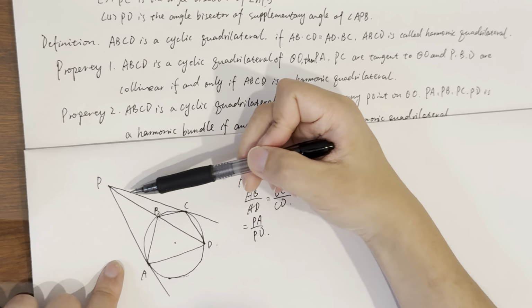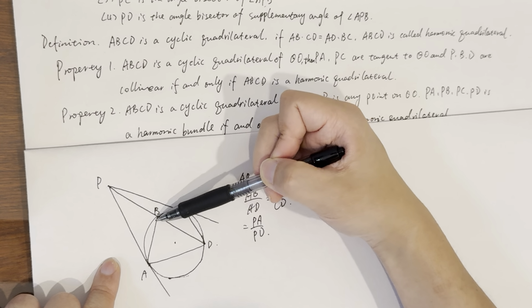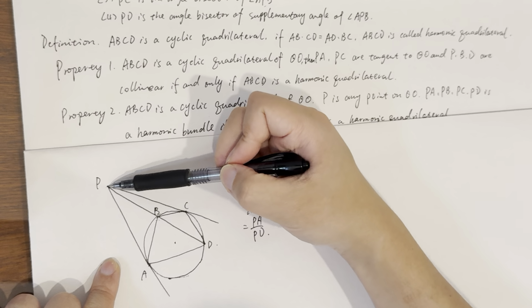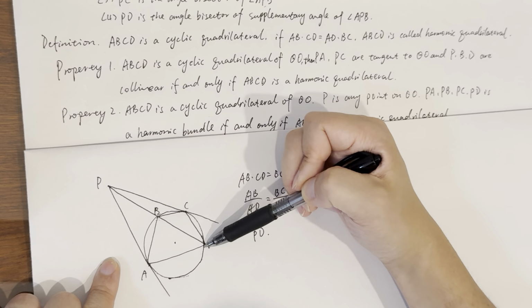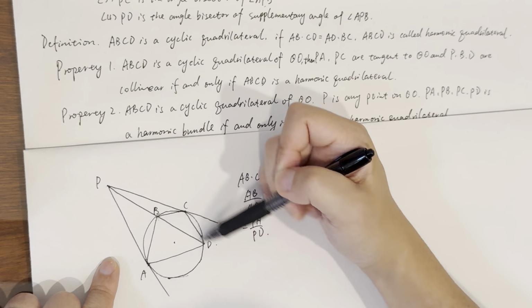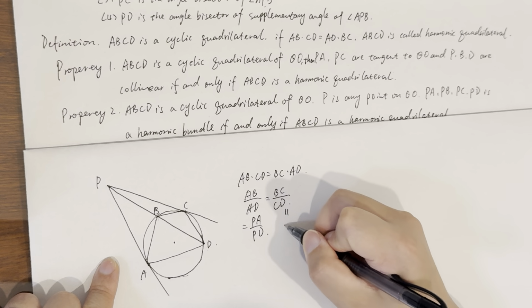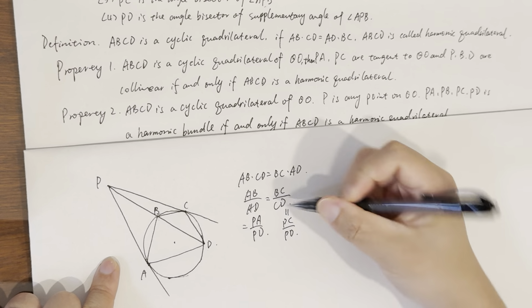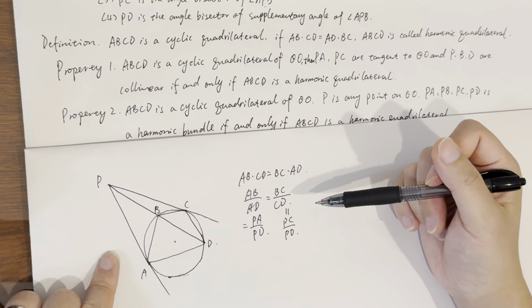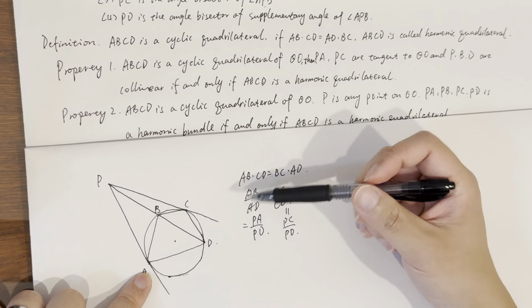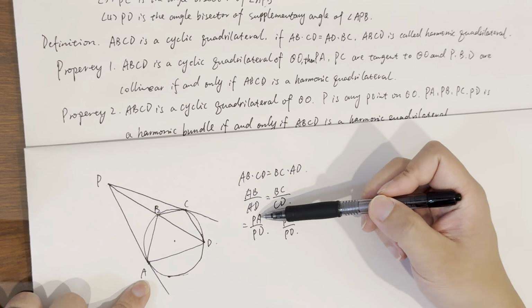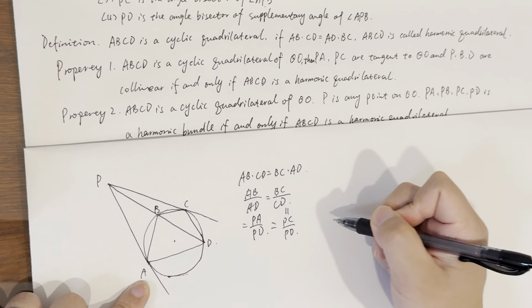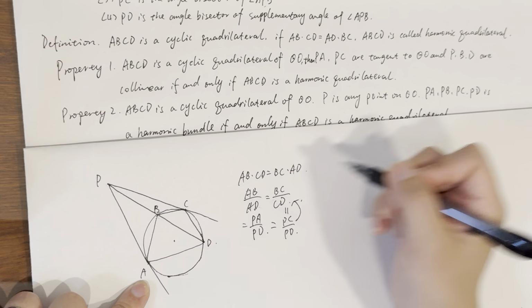And for here, because triangle PBC is similar to triangle PCD, BC to CD equals PC to PD. And because PA and PC are the tangent lines from the same point, PA equals PC. So these two are equal, which means this is valid, right?